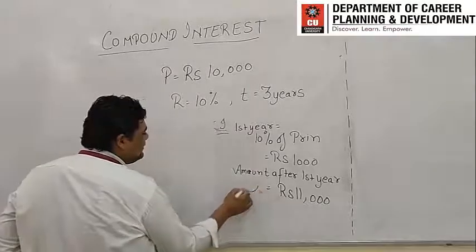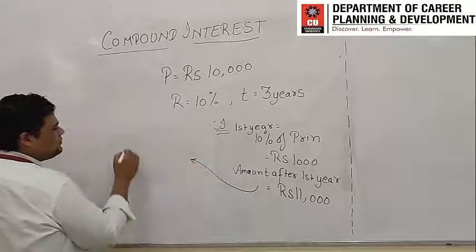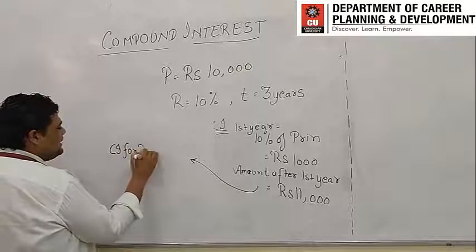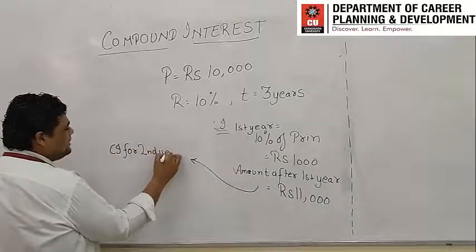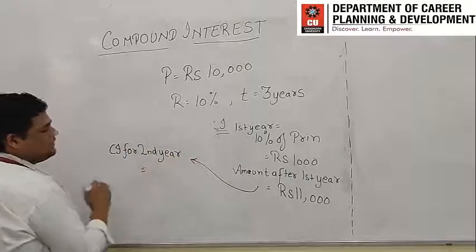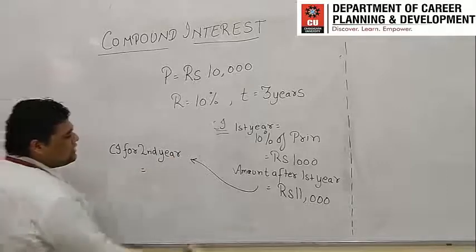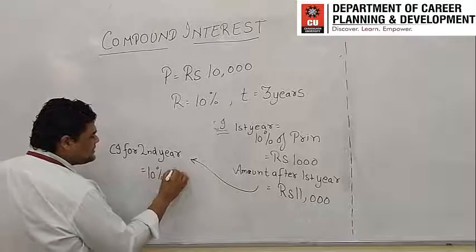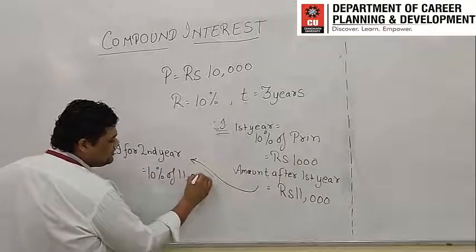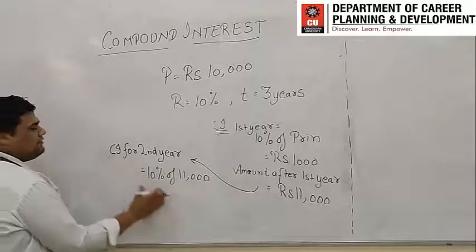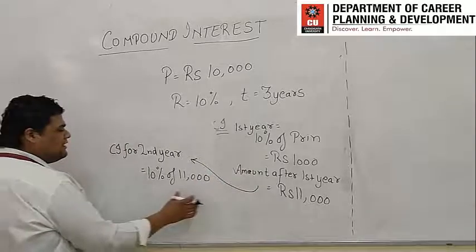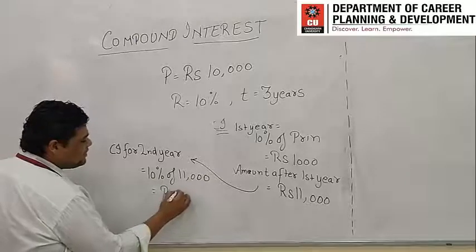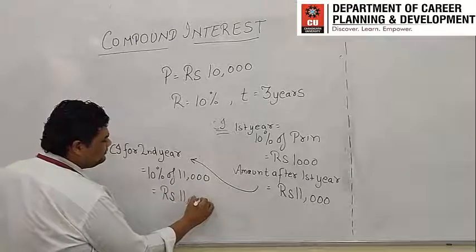Okay. So after applying the interest on this, CI for the second year will be equal to 10% of 11,000. In case of SI, it would be on 10,000. In case of CI, it will be 11,000. So it is coming out to be rupees 1100.